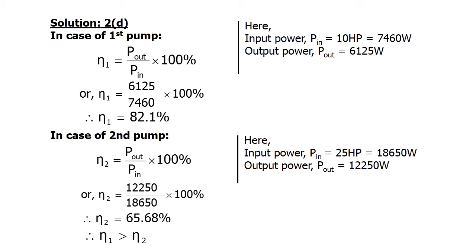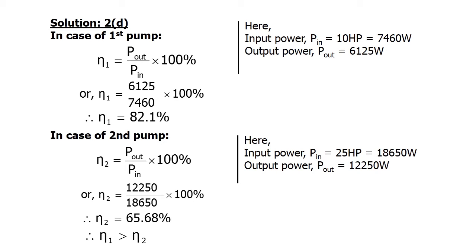Question D. In question D, it is required to calculate the efficiency of both pumps. In case of the first pump, the given quantity is the input power, 10 HP. HP means horsepower. If you convert HP to watt, we have to multiply it by 746.